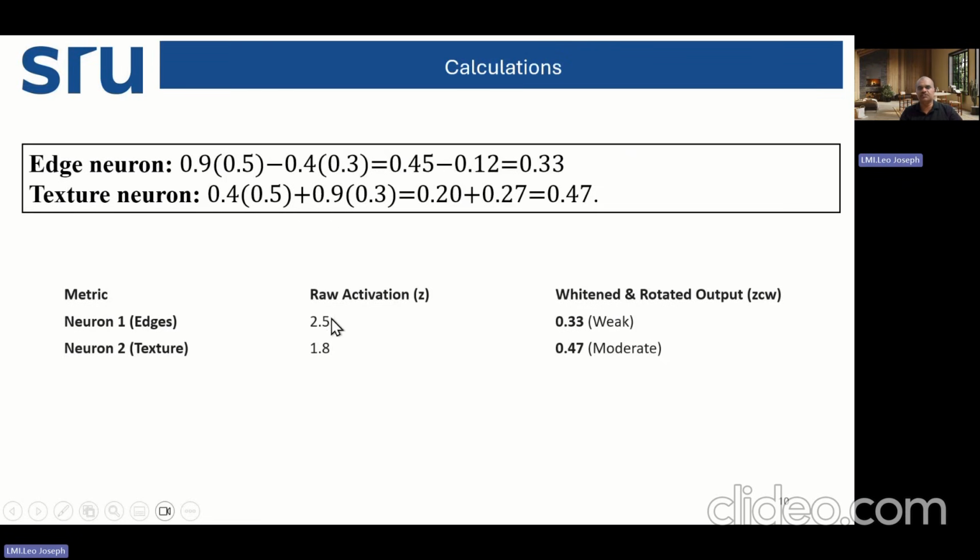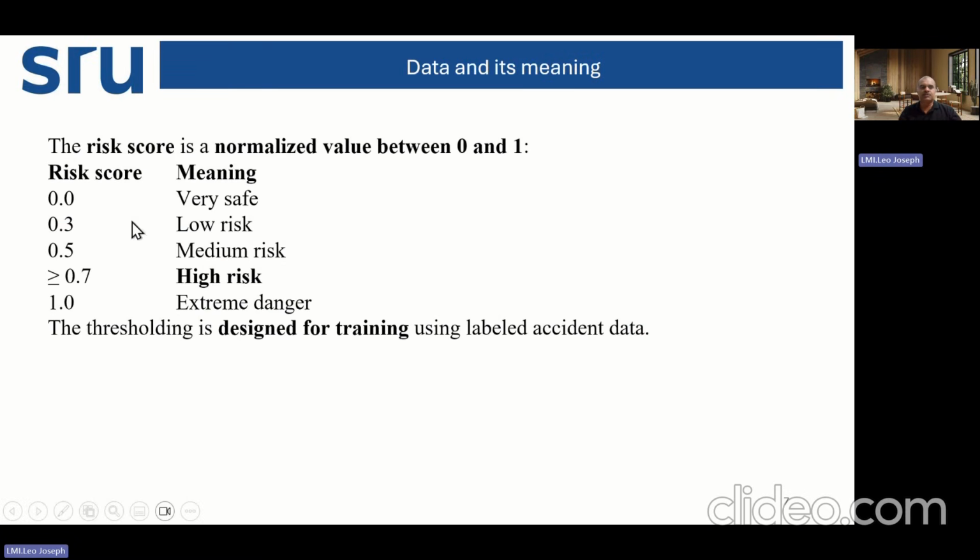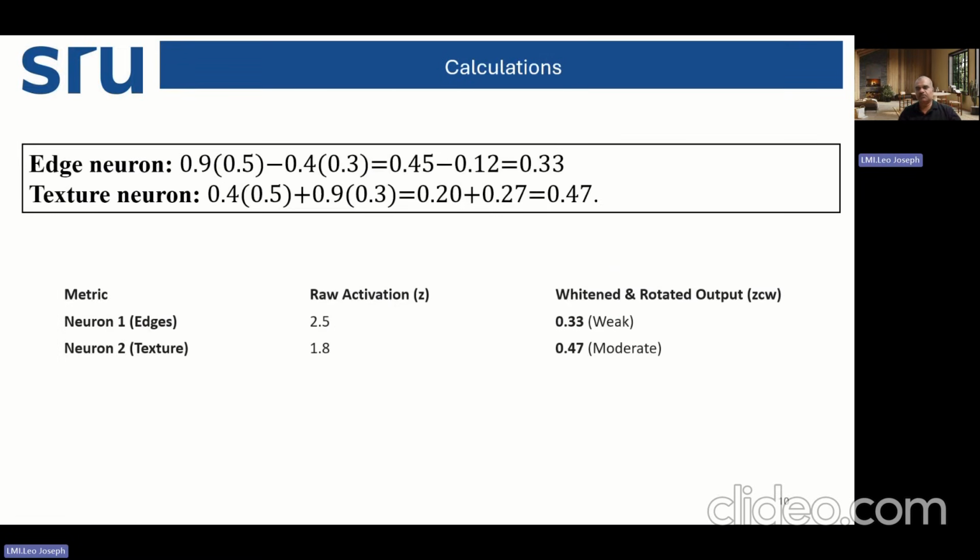This is the actual weight of the neuron it is gaining. So here we are getting two values, 0.33 and 0.47. Based on the previous thing, 0.33 means low risk, and 0.47 is also medium risk only, right? Moderate, medium risk only. Now I have learned all these things, so the raw activation will be 2.5 and the texture neuron will be 1.8.